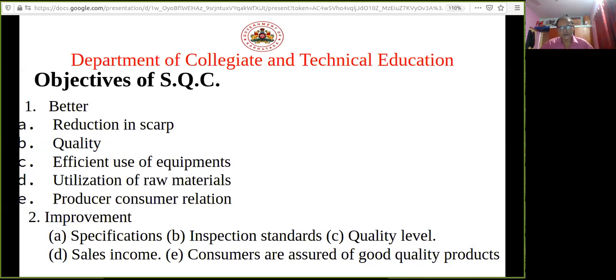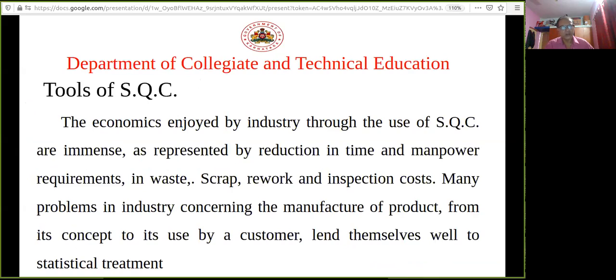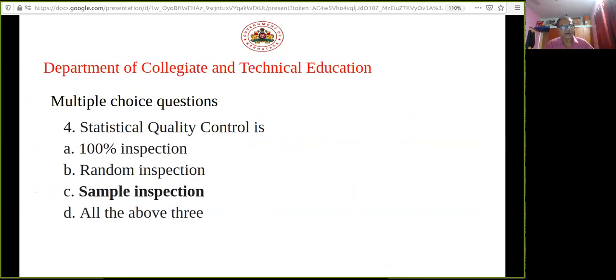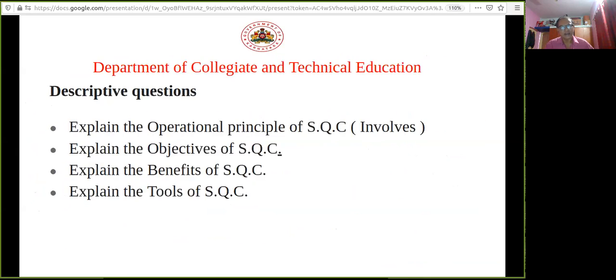By using sophisticated tools, better raw materials and equipment, there is always an improvement in the quality level. Sales income will also improve, and customers are assured of good quality products. So these are the benefits, or I can say the objectives, of SQC.